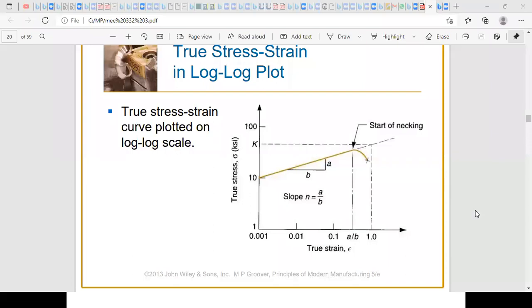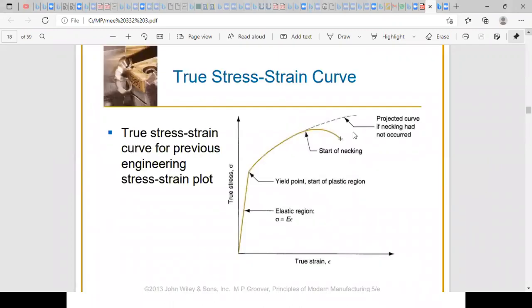Now, once I find the values of K and n, I can find the start of necking, because with these values I can plot what is called the flow curve. Once I have my equation, sigma equals K epsilon to the power n, I can represent this equation on the graph and compare it with the actual graph.